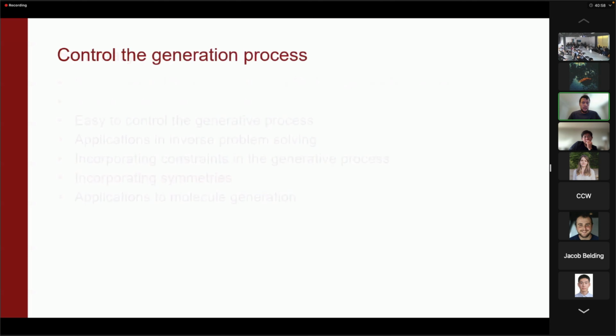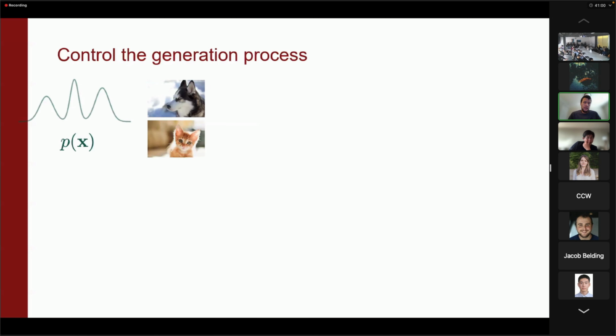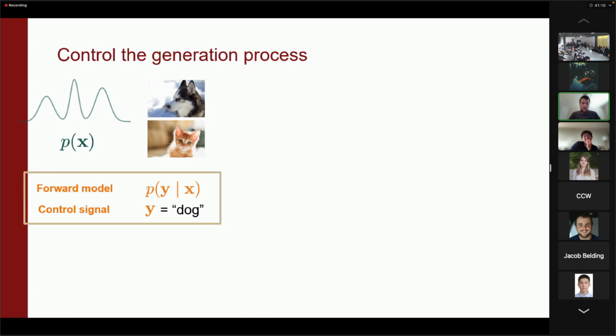The idea here is that if you have a prior distribution over images, for simplicity, think of two kinds of images, cats and dogs. If you have some kind of classifier, P of y given x, that can classify images into either dogs or cats, the question is, is there a way to control the generative process to get the model to output images of, let's say, dogs?